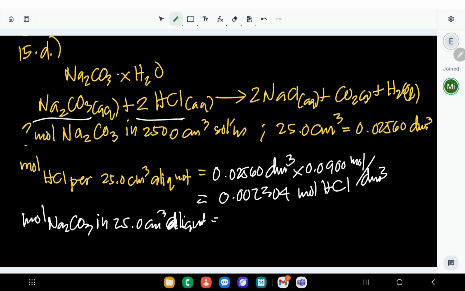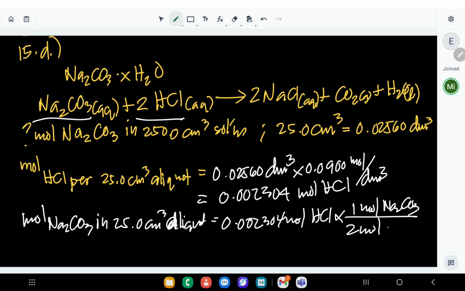We multiply 0.002304 HCl by the mole ratio, that is 1 mole sodium carbonate per 2 moles HCl. So that is 0.001152 mole sodium carbonate.